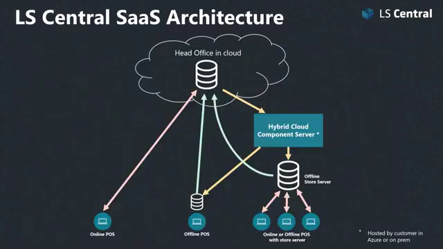Hybrid Cloud gives us the ability to have the same POS architecture structure for the cloud as on-prem solution. In the first releases of our cloud solution, we only offered online POS, where we had our current POS, HTML-based, or some people call web POS, connected directly to the cloud.